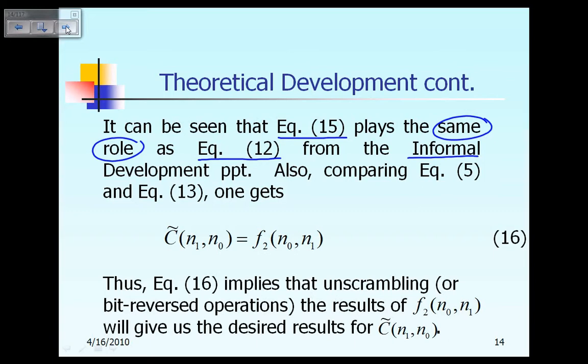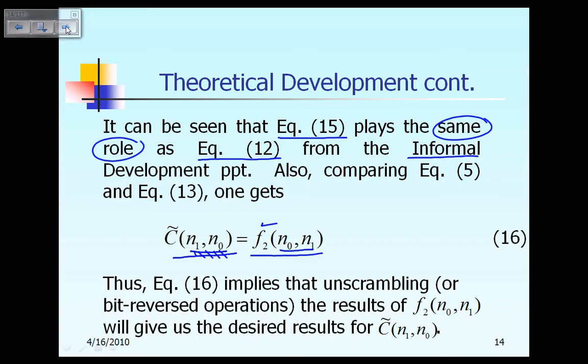Now you have to be careful, because your original objective is to calculate the unknown vector c theta of n1, comma n0. However, after you calculate the vector f2, what you get is the vector f2 of n0, comma n1. In other words, what you computed for f2 is not in the same order as what you would like to receive.